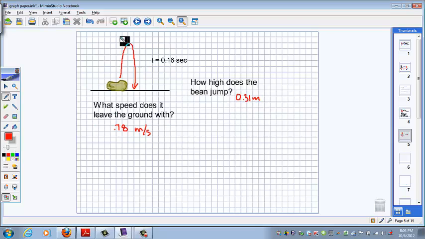Okay, so the first thing we want to do is decide on what our event is here. And so we're looking for the speed, and this first part, the speed that it leaves the ground with. So our event must begin here, our initial moment. And we can pick any spot along the way for the ending moment. There's 2 likely candidates. You could go up at the top here, because we know quite a bit about that top spot, or you could go at the bottom.